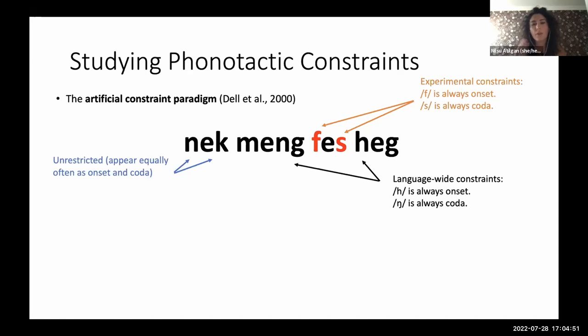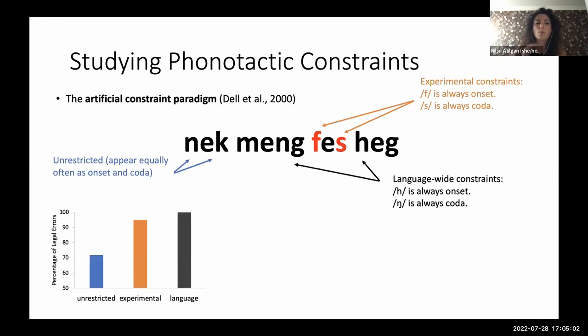But if a letter moved from, let's say, an onset position to a coda position, that error was coded as illegal. In terms of the percentage of legal errors, experimental constraints and language-wide constraints were very comparable and statistically significantly higher than unrestricted constraints.